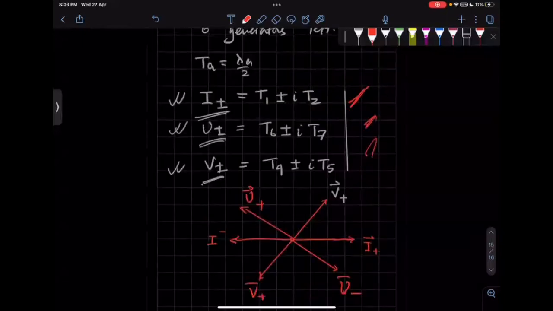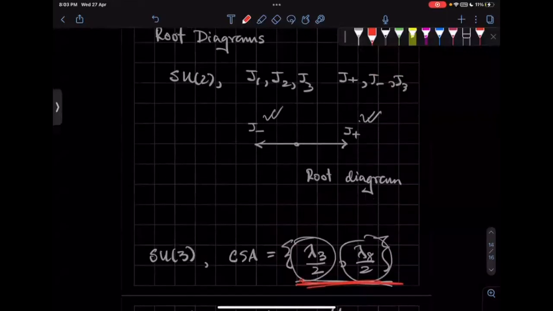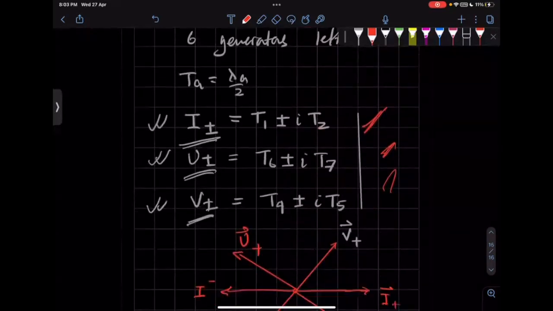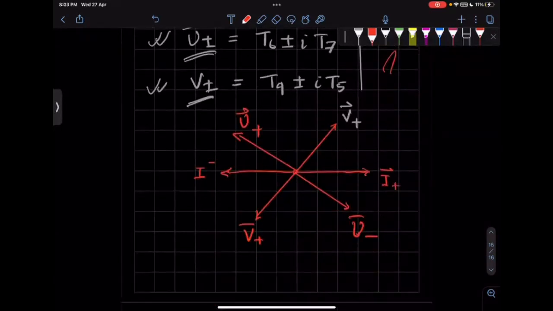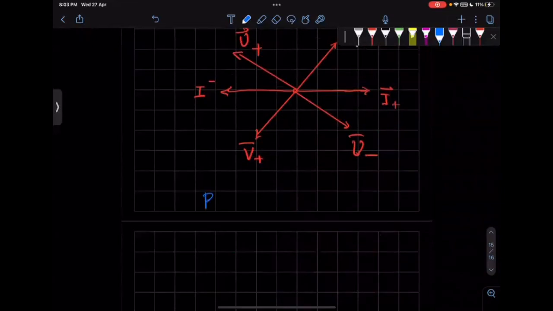Just as in the case of SU(2), J plus and J minus were changing the J3 value of whatever state they were acting on. So here we have a 2-dimensional version of this, and this is a hexagon. So this is the root diagram for SU(3).